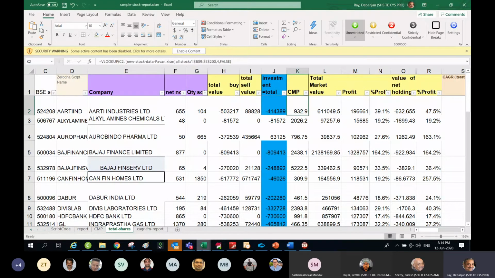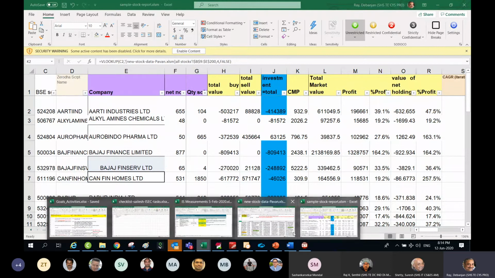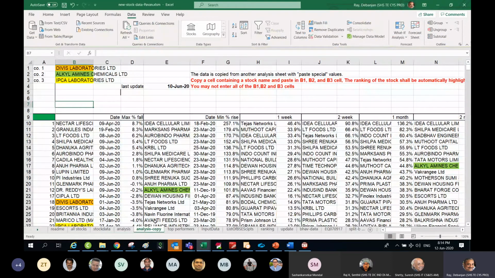I've shown you that in the earlier session. So the current market price is the one which I have shown earlier.